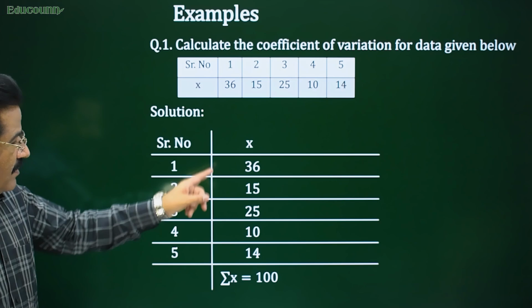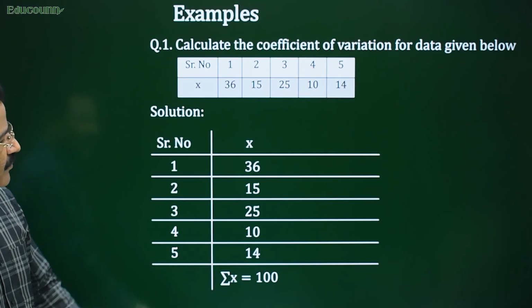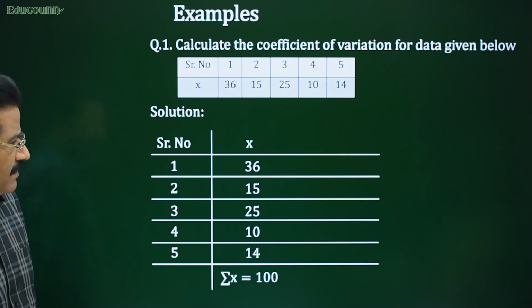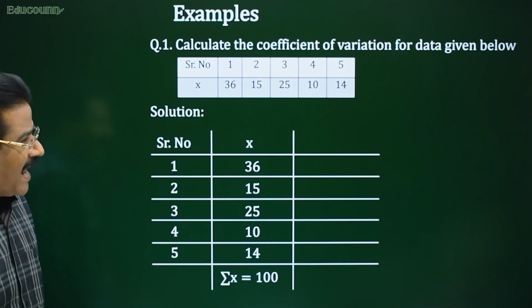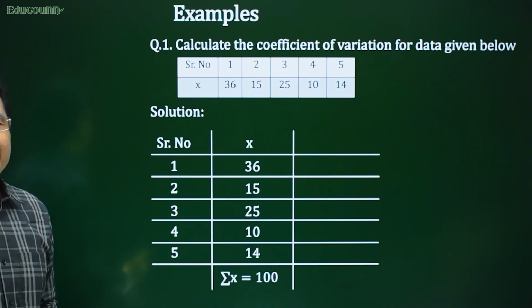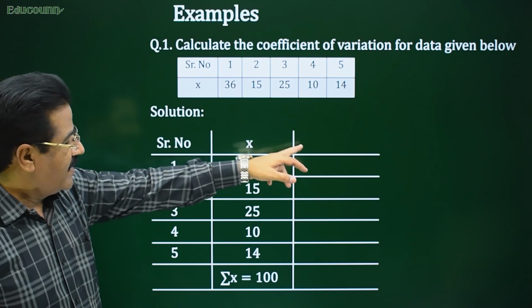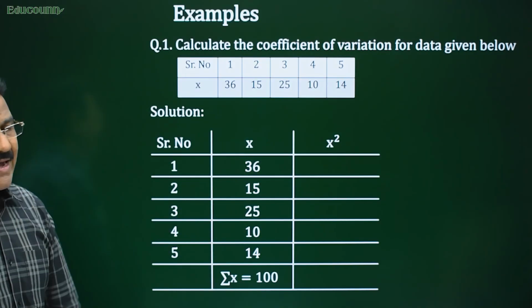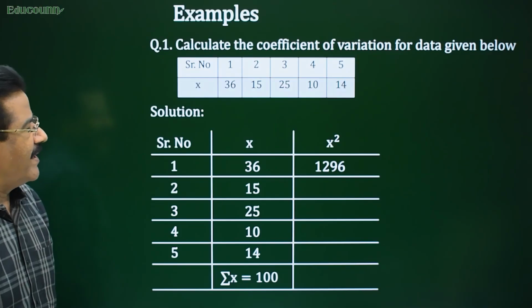Now next, we need to find out total value of x, that is 100. You can have an addition using calculator. Then next column, if you observe the formula of standard deviation, we need summation of x square, and that's why here we are going to take x square. So let us have a square of every term one by one.